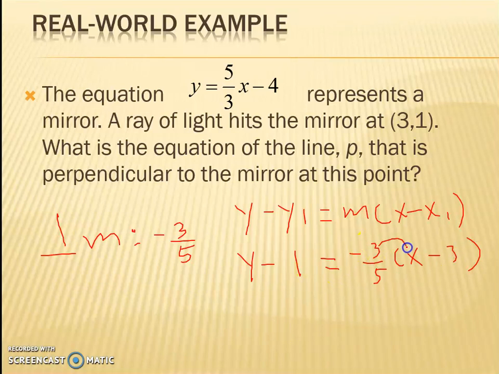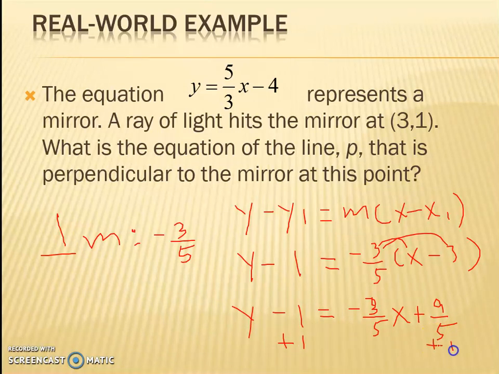You're going to do the distributive property first. Negative 3 over 5 x plus 9 over 5, y minus 1 equals. You're going to add 1 on here and here. So y is negative 3 over 5x, 9 over 5 plus 1 will be 14 over 5. So that will be the answer.